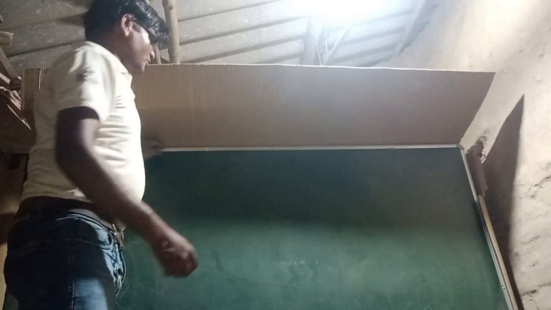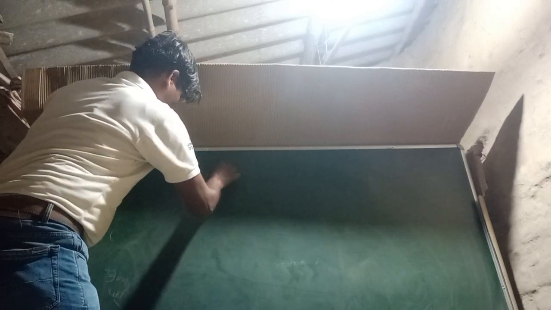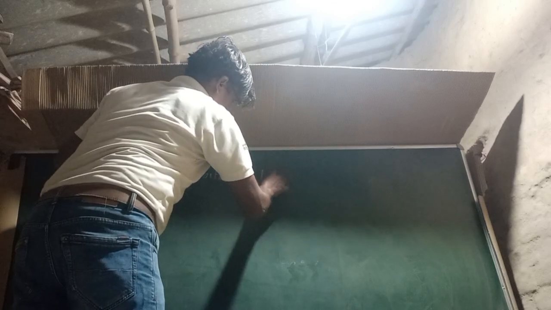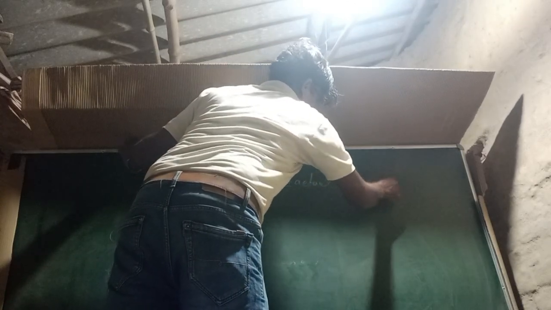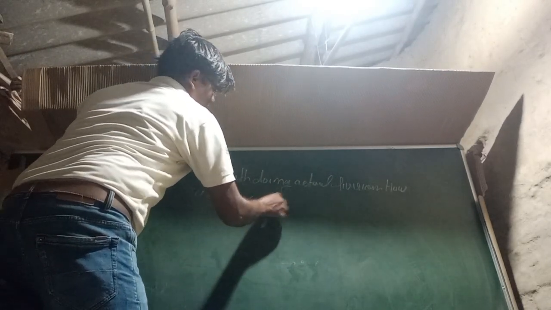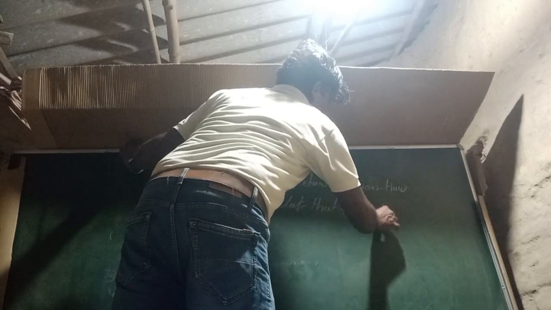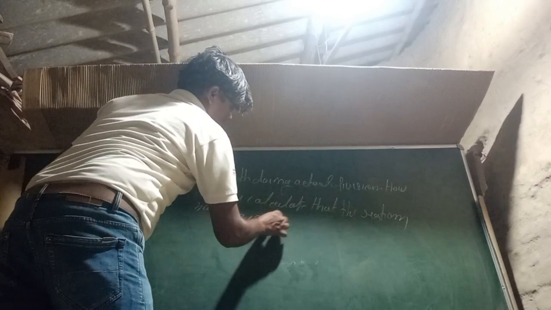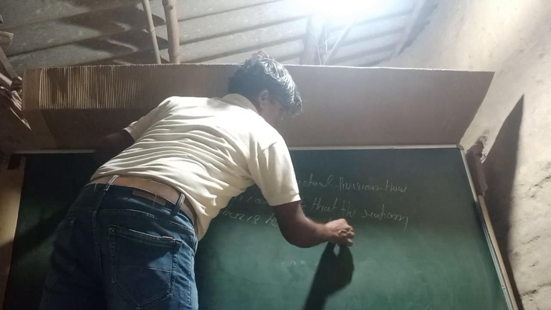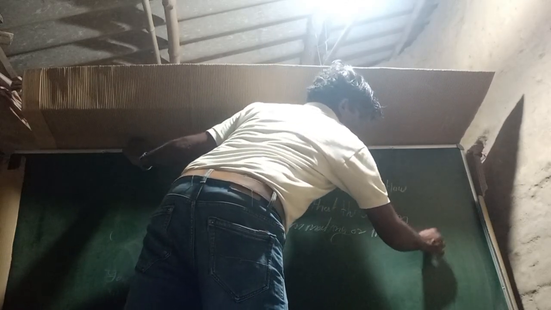Without doing the actual division, how will we calculate whether the rational number is terminating or non-terminating?